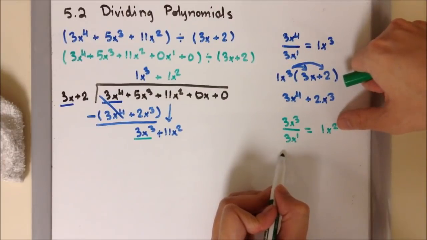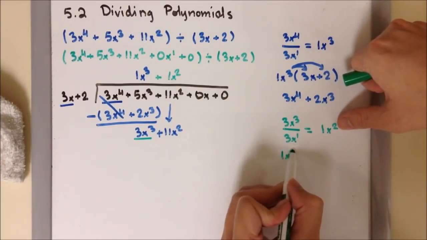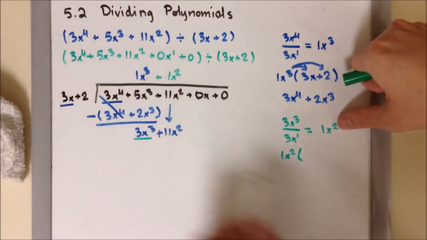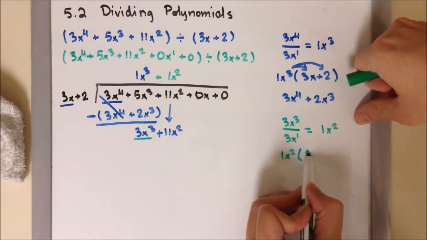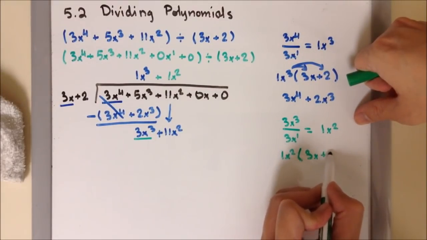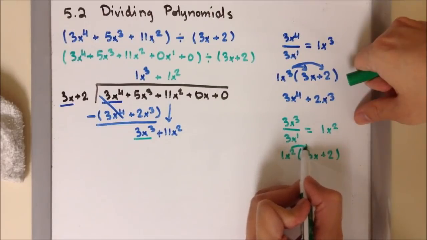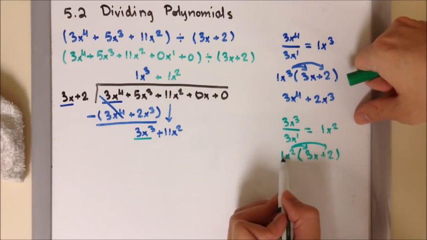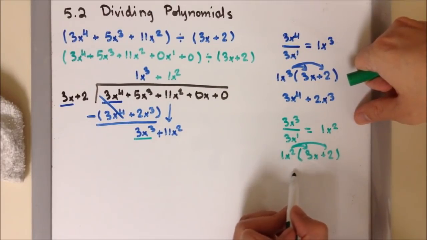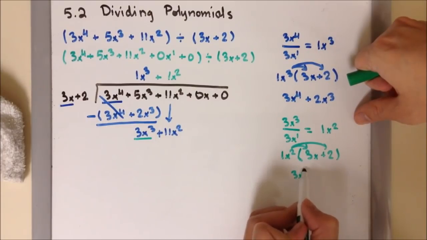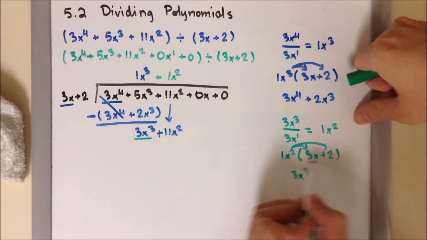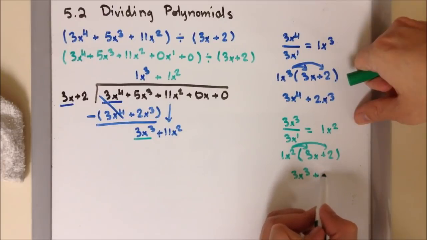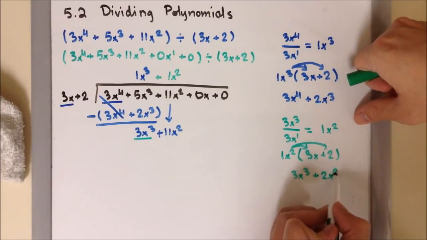So I'm going to multiply the 1x squared by our divisor, 3x plus 2. Alright, 1x squared times 3x will be 3x to the third power. 1x squared times positive 2 will be plus 2x squared.